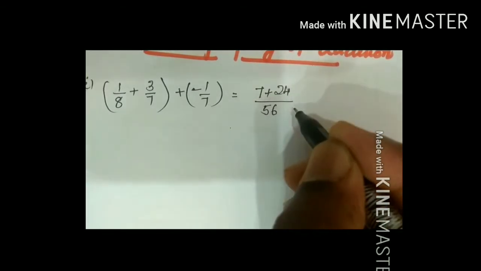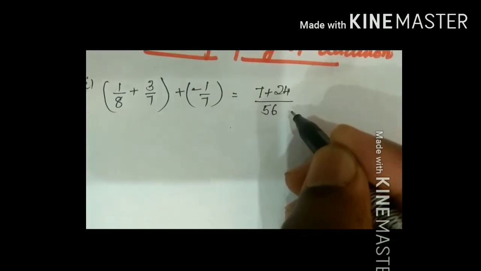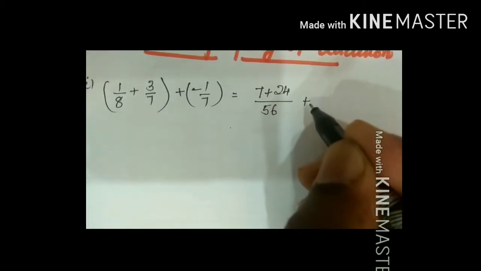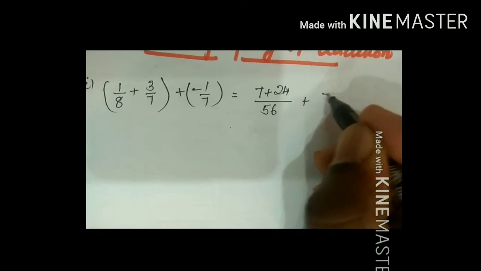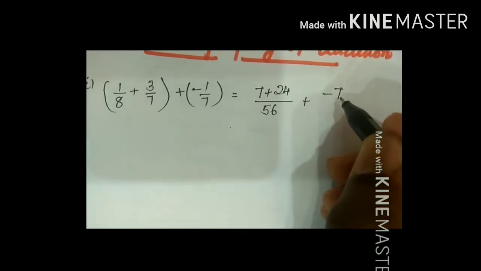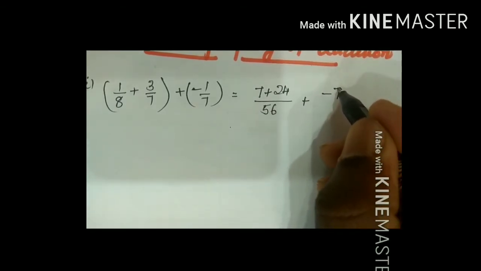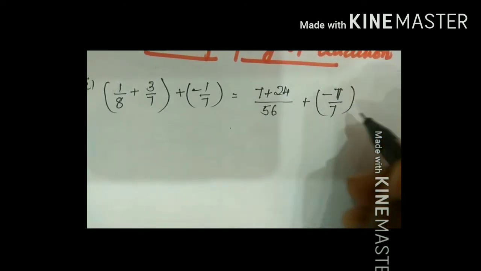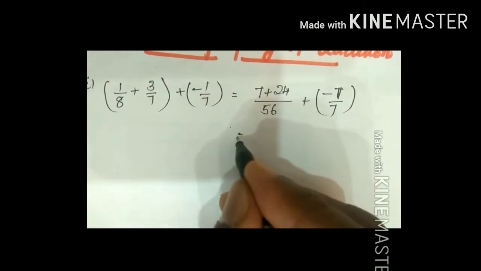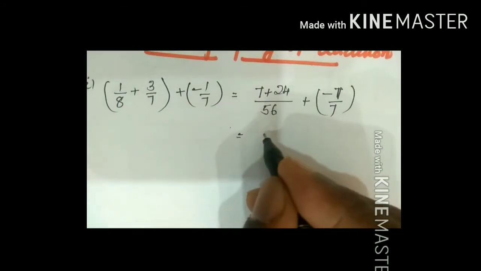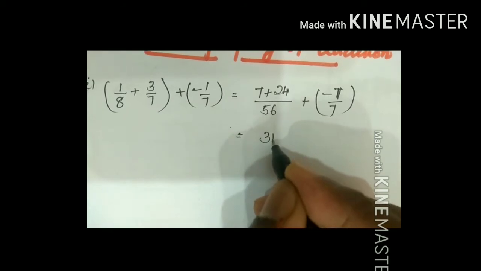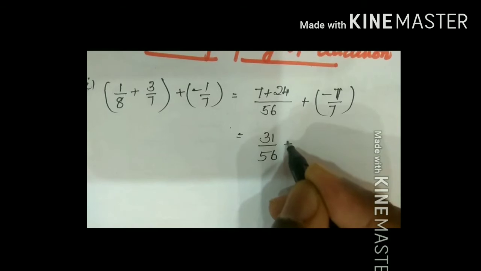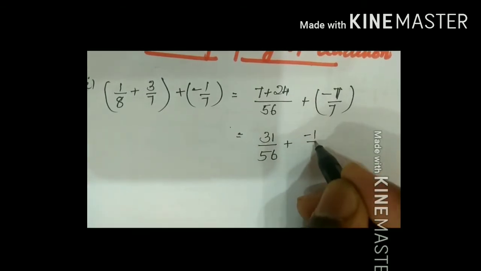This is the sum of 1 by 8 and 3 by 7. The result is to be added with the third rational number, minus 1 by 7. So this is 24 plus 7, which is 31 by 56, plus minus 1 by 7.